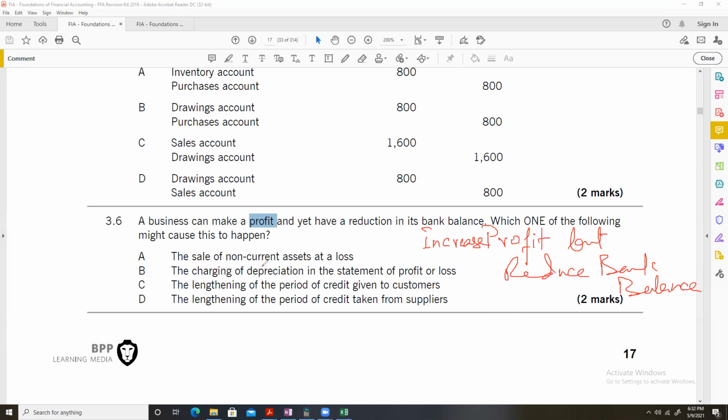Now if you sell a non-current asset at a loss, your profits will reduce because this is a loss. So this statement is not correct.